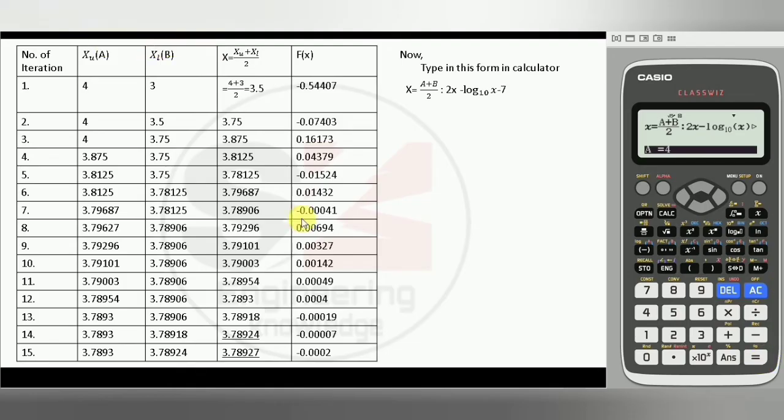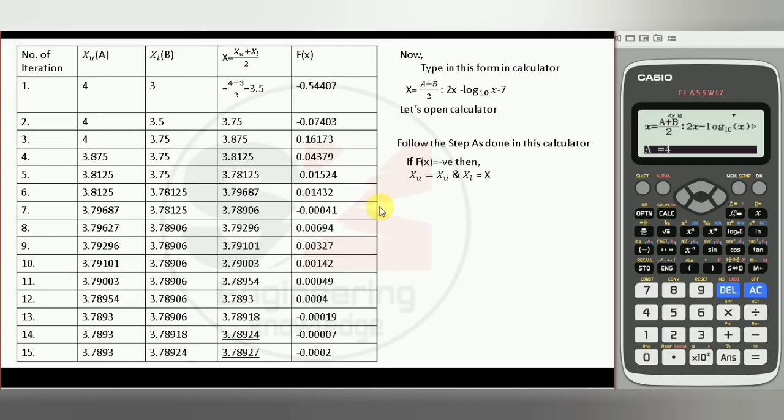At first we have two conditions to change the value of a and b. The condition is: if fx is negative, then the value of the first column, that is xu, will remain the same, and the value of xl will change to the fourth column value.